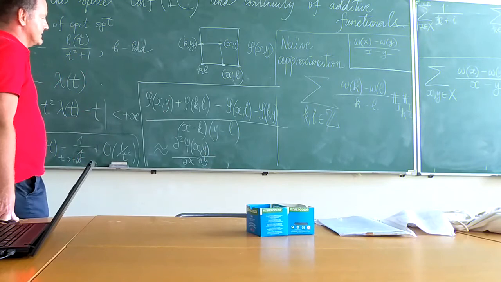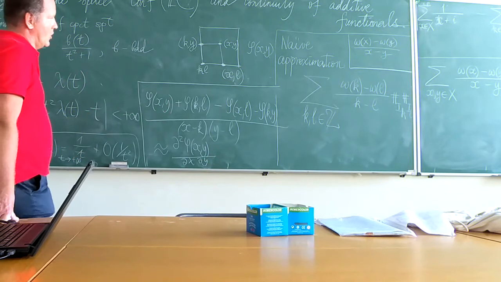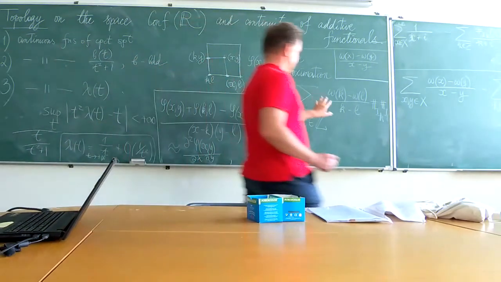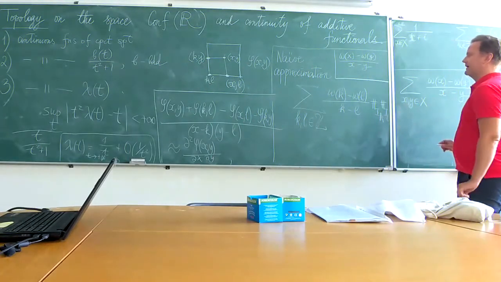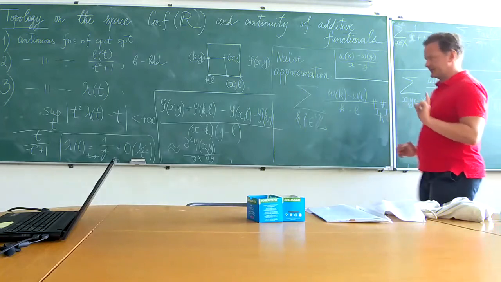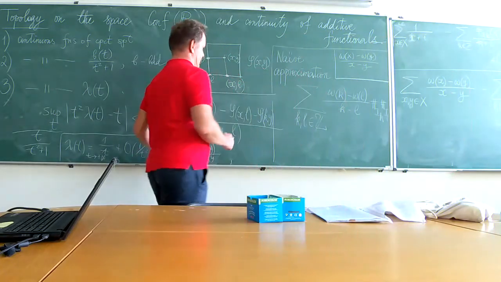I am approximating my function with functions only depending on one of the variables. So instead of this, this is not good enough. But I take, so to speak, the next level.